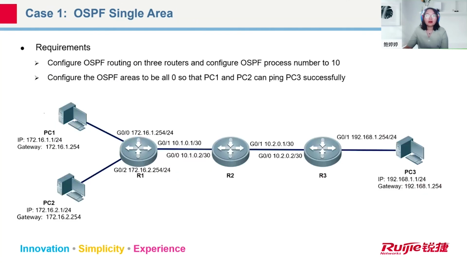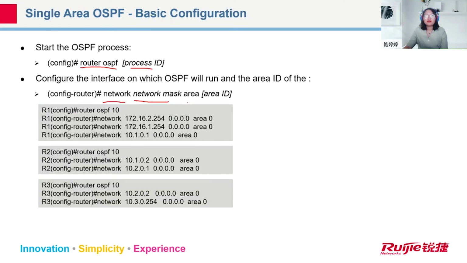Like router 1, we have 3 interfaces, right? First, create router ospf, and the process ID is 10. And you have to configure network 192.60.2.254.